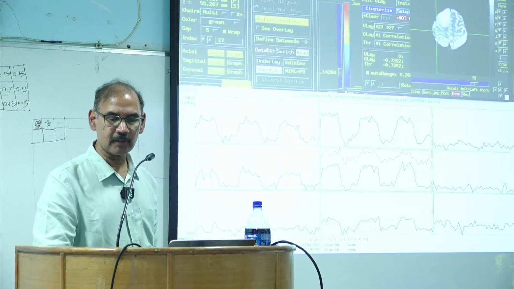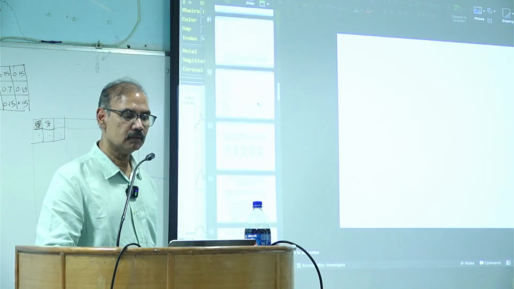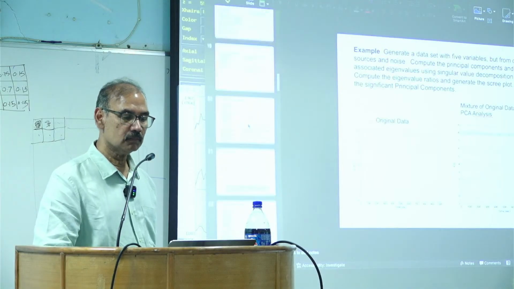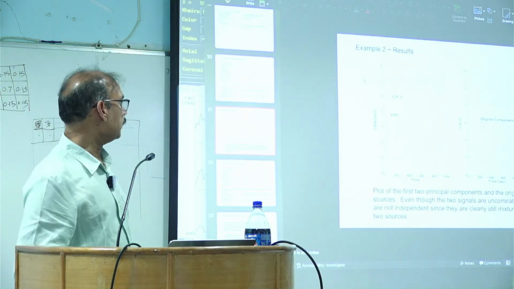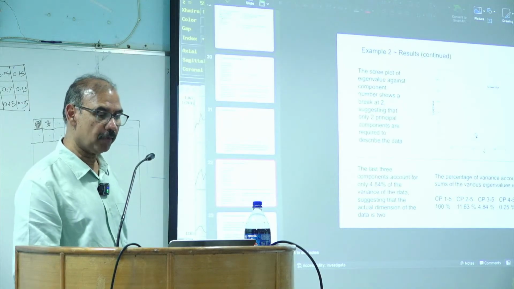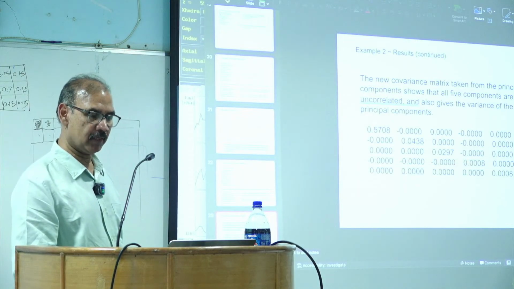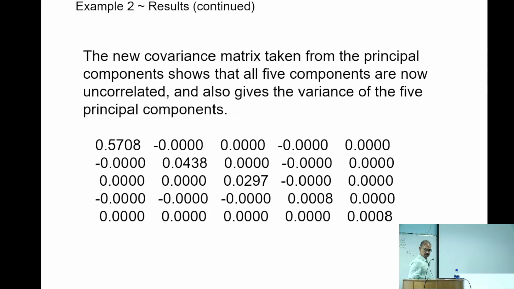Okay, let's go back. So again, from here, we can find the original component, and because that was a 5 by 5, with 5 time series, you can generate a covariance matrix which shows the relationship between them.